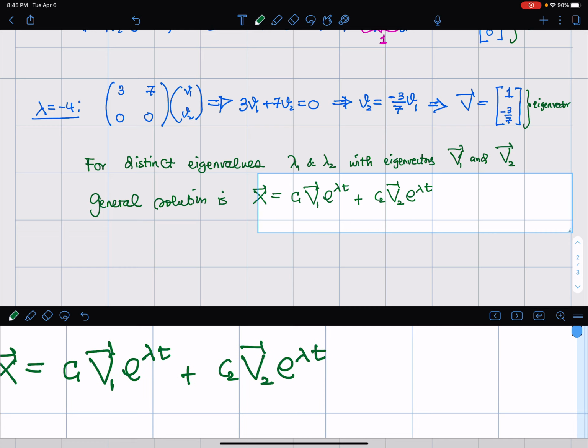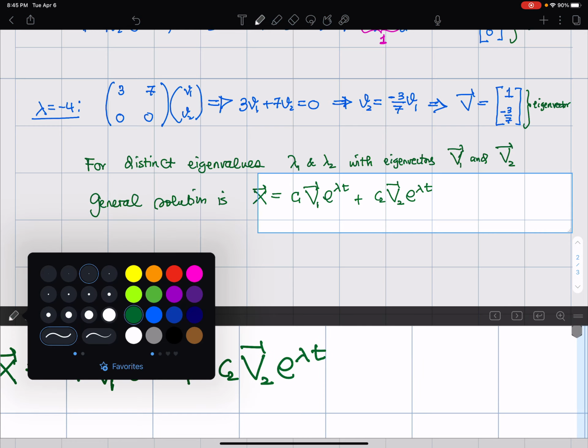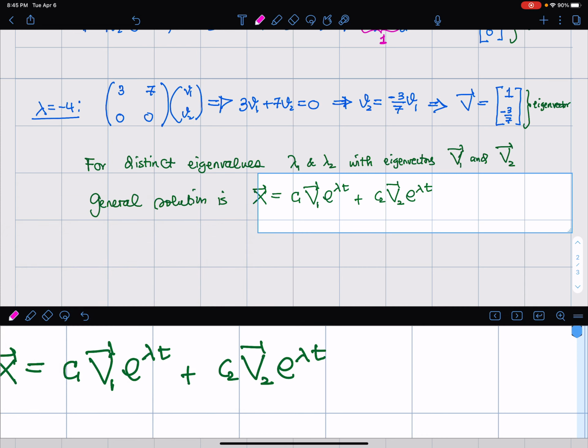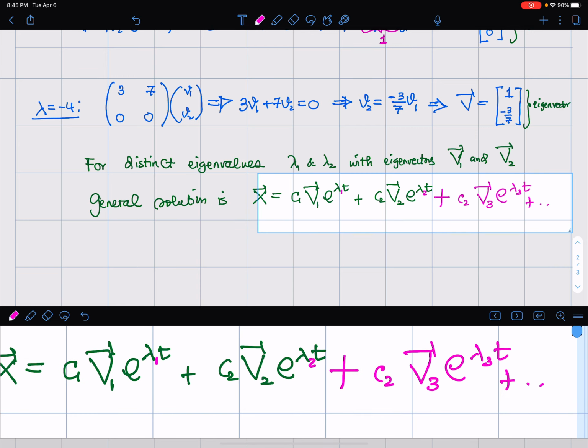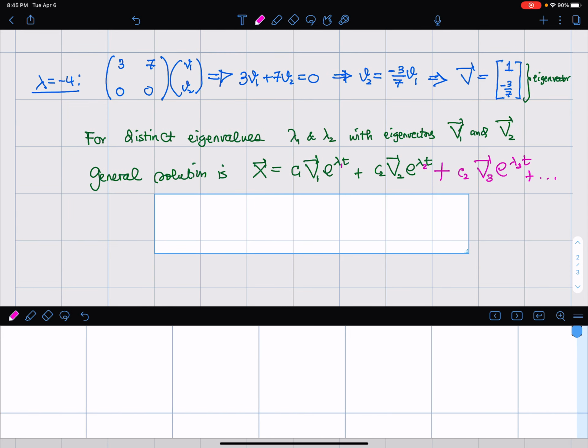So mind you, if we're doing a 3 by 3 matrix and we have 3 distinct eigenvalues, then the solution will just be plus C3 V3 e to the lambda 3 t. And so forth if you have 4 by 4. But in this example, we're dealing with just 2 by 2.